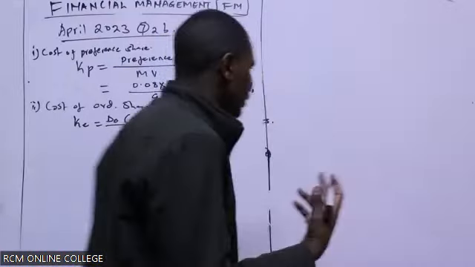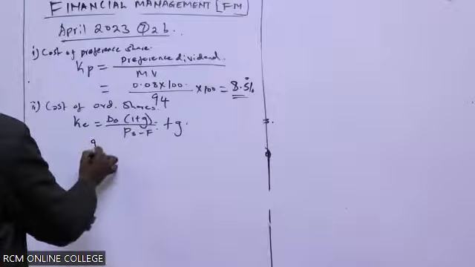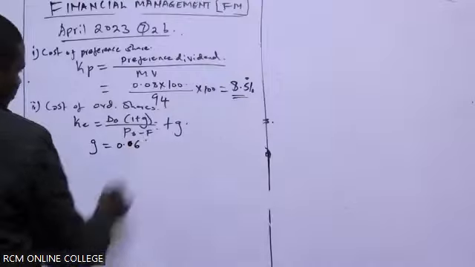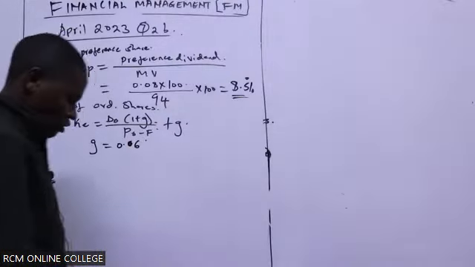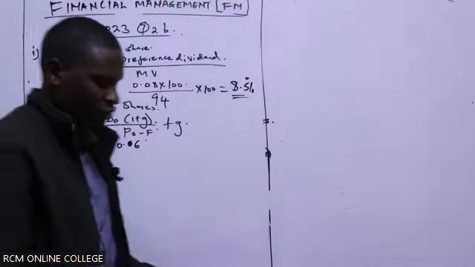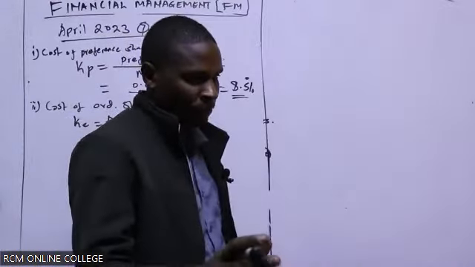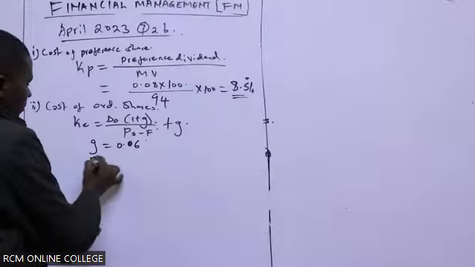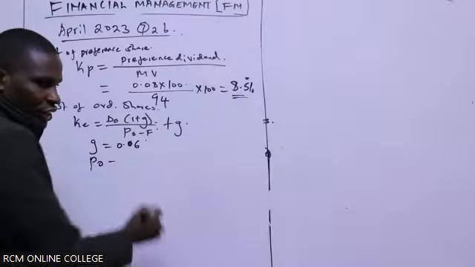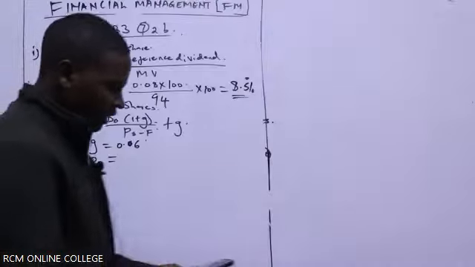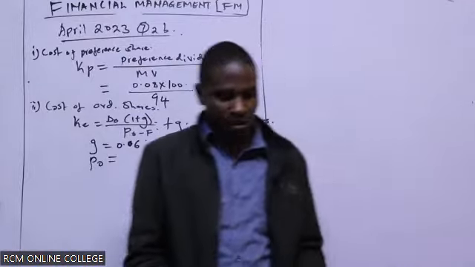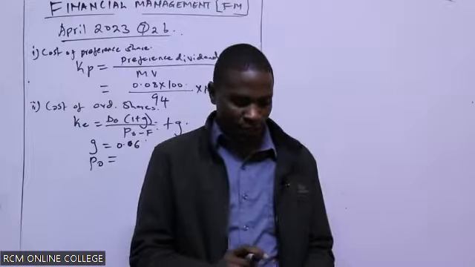Since I have G, G is equal to 0.06. That is my G. So now I'm very happy. What is the current market price, my P0? Just check from the question. Once I get that, I will have only one thing left: my D0. What is the market price of the ordinary share?